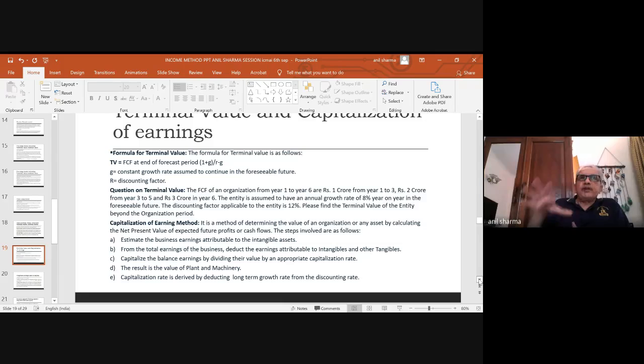When you have a group of valuers working together, it's much easier to apply this because you will be able to get the land and building valuation maybe by some other approach, and you'll be able to subtract it from the business earnings value that you've calculated using this method, right? So you can get separately the plant and machinery valuation.